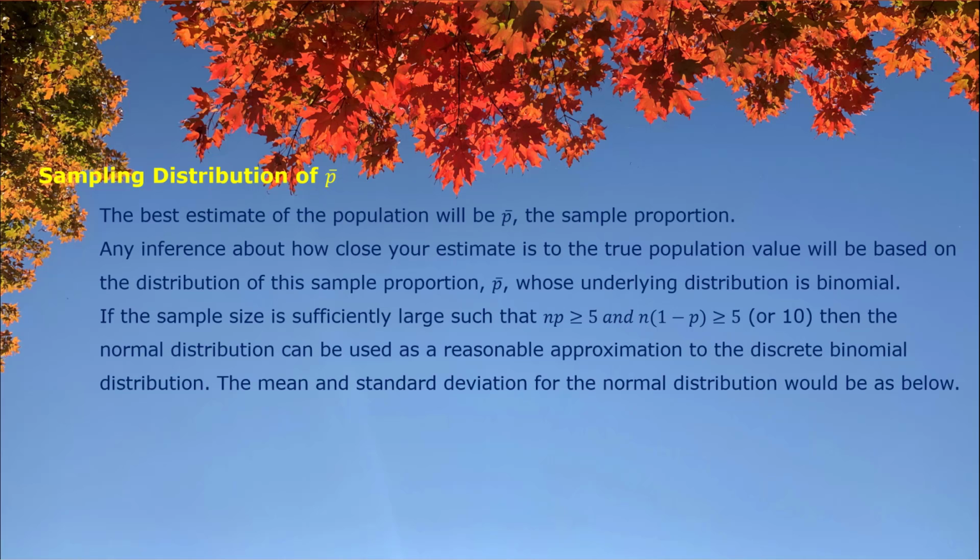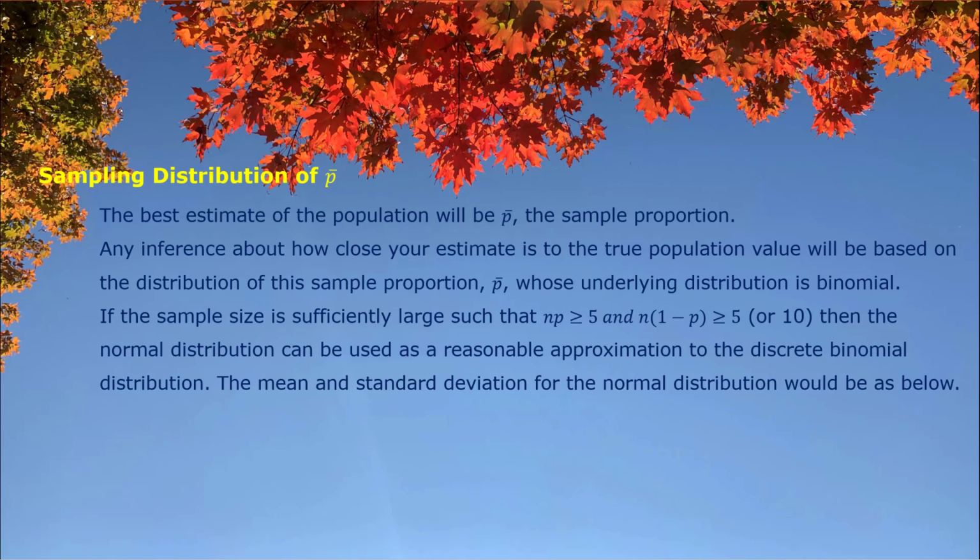If the sample size is sufficiently large, normally we say nP is bigger than 5, or say nP is bigger than 10, then the normal distribution can be used as a reasonable approximation to the discrete binomial distribution.